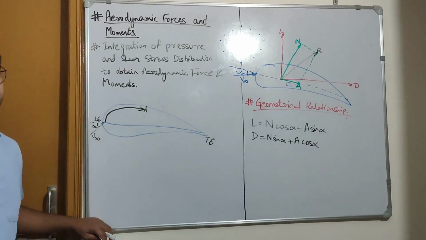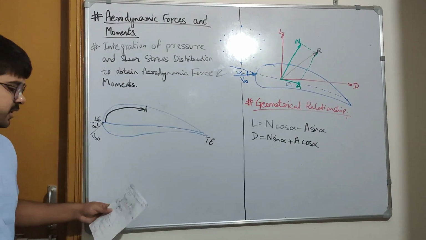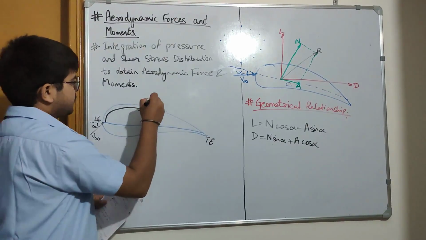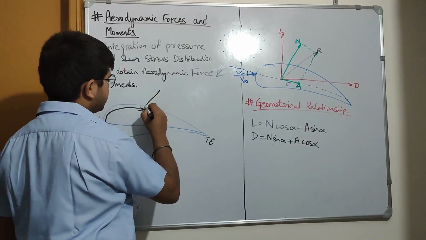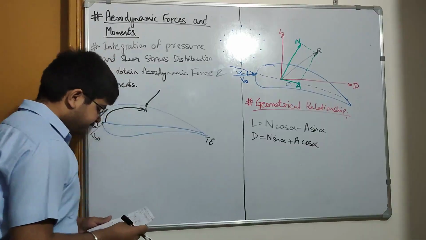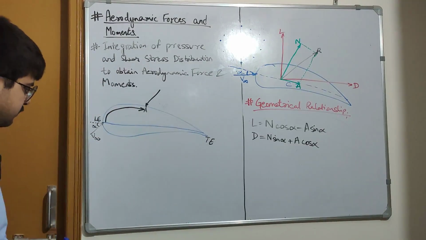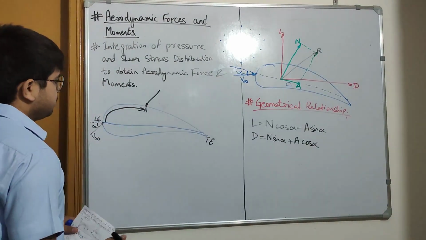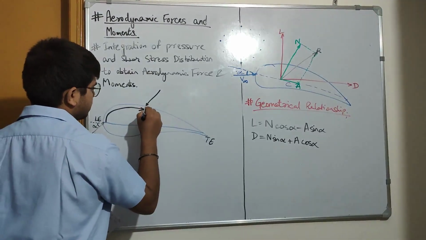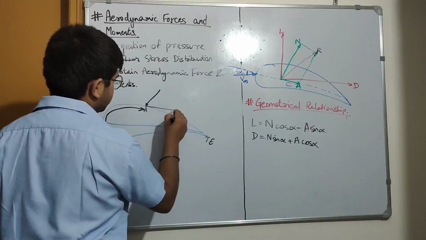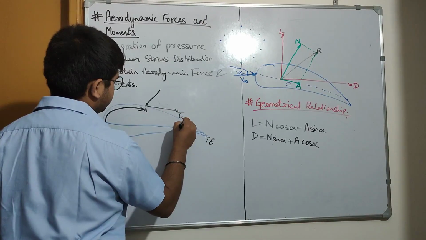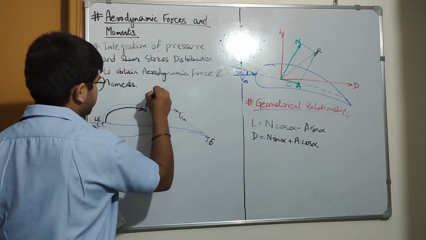One is pressure and one is shear stress. So there is the pressure here, which is normal to the surface, and there is this shear stress here, and this is the pressure here.